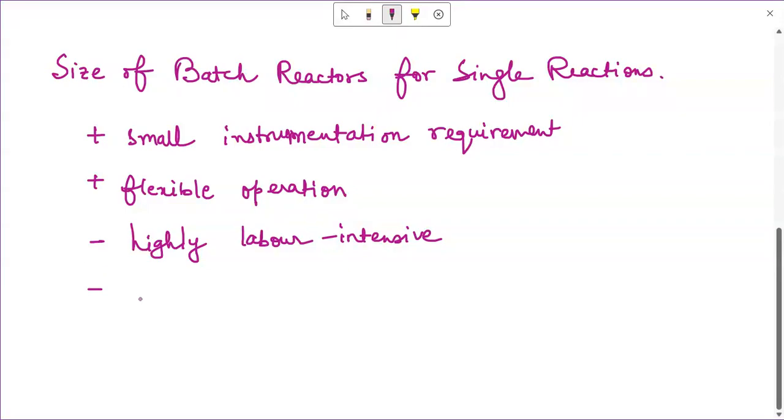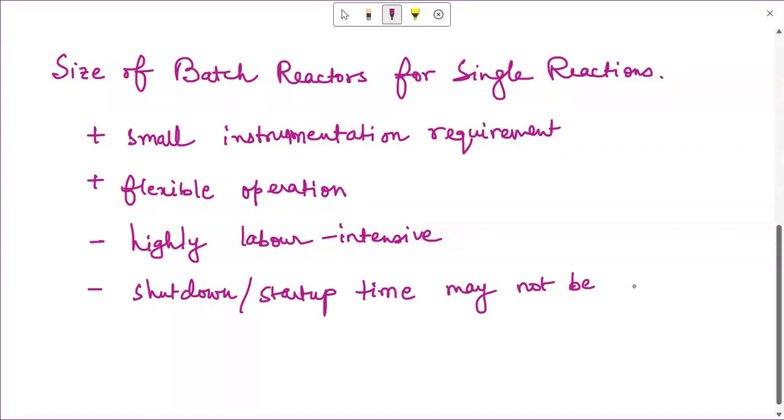So this shutdown or startup, whichever you are doing, the startup time may not be optimal. It may not be as per the requirement of the entire plant, so that can create some gaps in the operations of the entire plant.